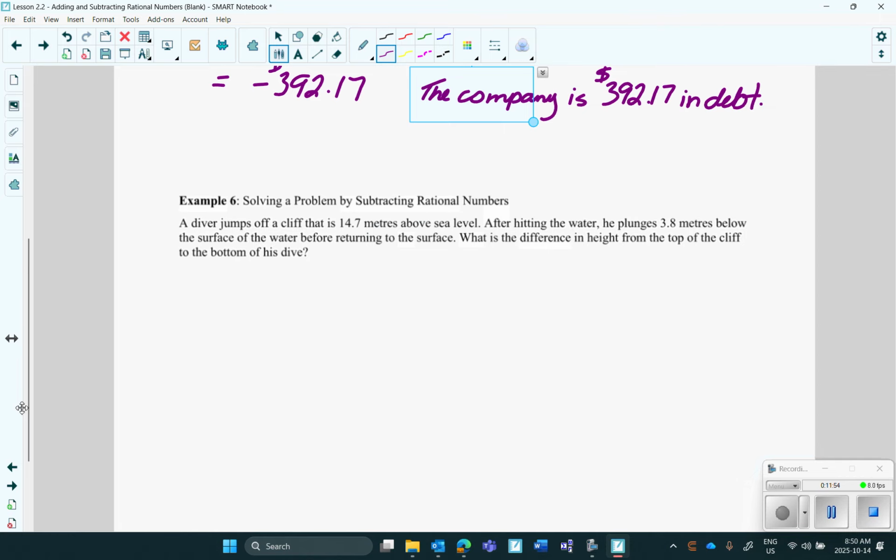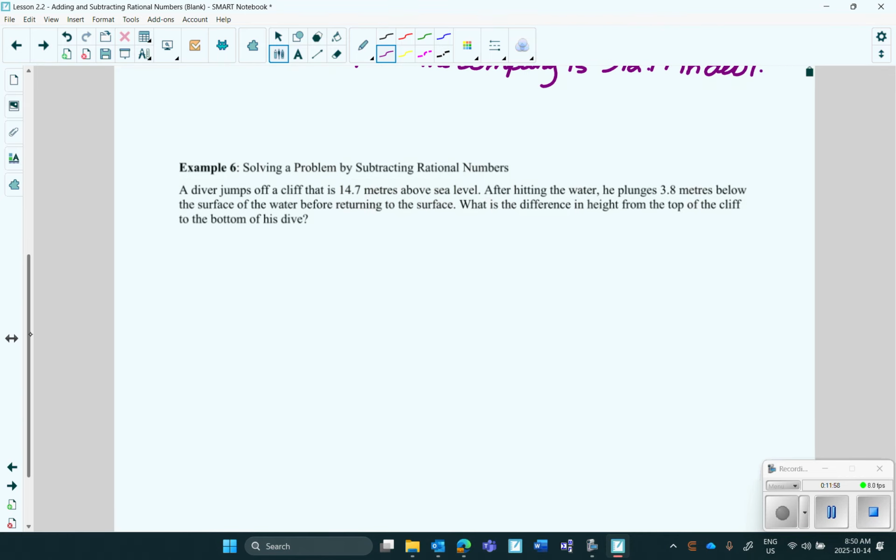So this would be a question where you would be expected to write an addition or subtraction statement and then give the answer along with a brief sentence. Okay? So how would we say this? You don't have to write this.